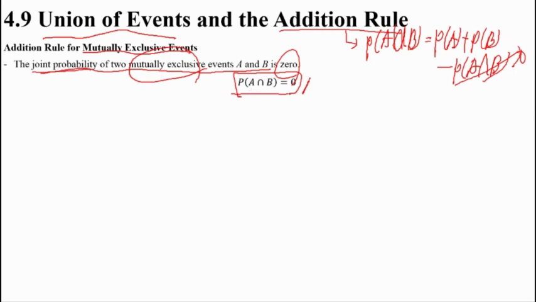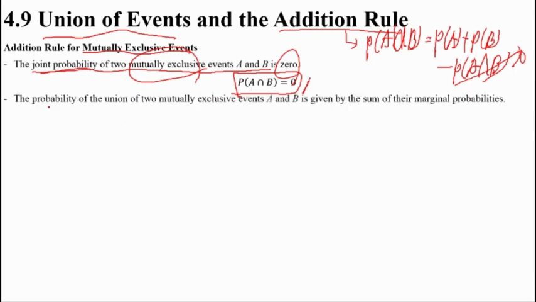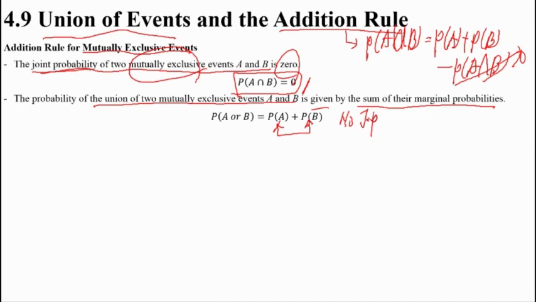That means if we're asking the probability of the union of two mutually exclusive events, it is given by only the sum of their marginal probabilities, no joint probability. Only marginal probability, if the events are mutually exclusive.